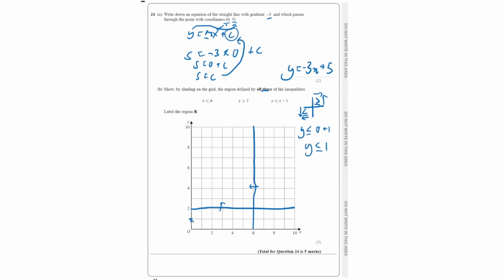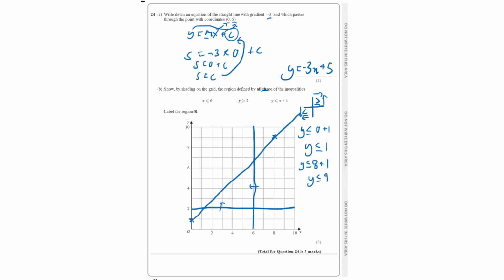Then we can put a higher value, such as 8 here, plus 1. That means y is less than or equal to 9. So we simply look for where x is 8 and where y is 9. We put a cross there and we simply connect those lines.